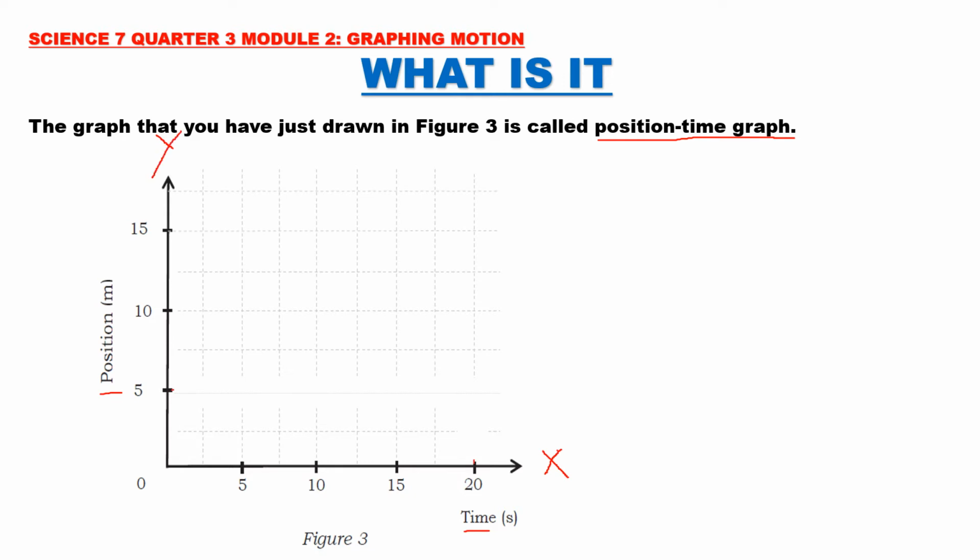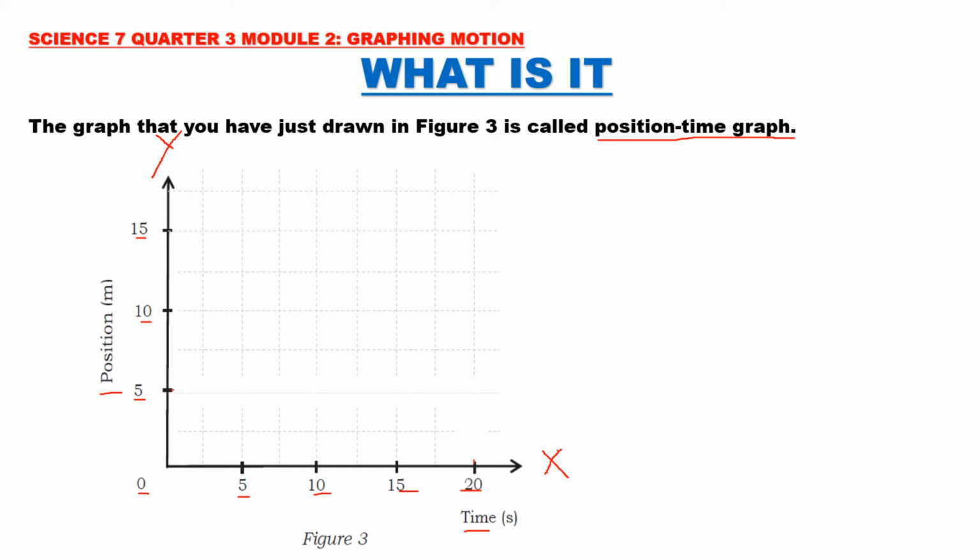So time is in seconds and our x-axis is labeled with multiples of 5. So 5, 10, 15, and 20 seconds. And then our position is also labeled in multiples of 5. So 5 meters, 10 meters, and then 15 meters. And then we have the starting point of our graph, which is the 0 point.